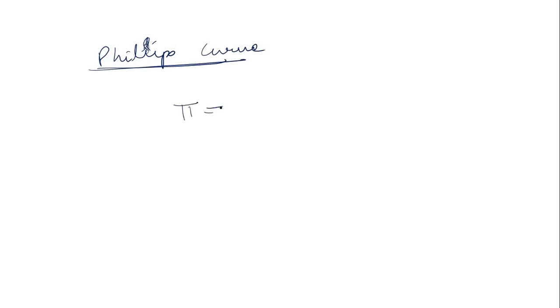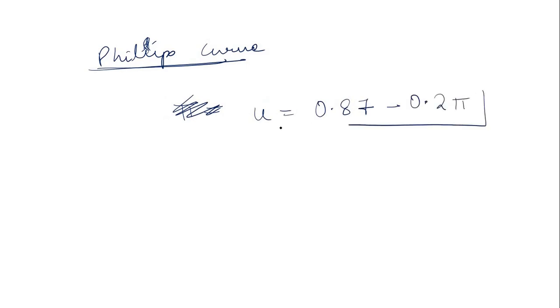Let's talk about unemployment, okay? Unemployment is 0.87 minus 0.2 inflation. Supposedly, this is the equation that I found out. Now, let's interpret both the terms. So, 1, intercept term.